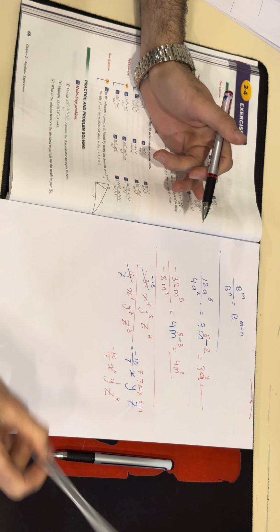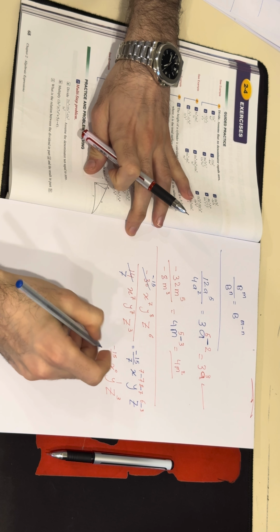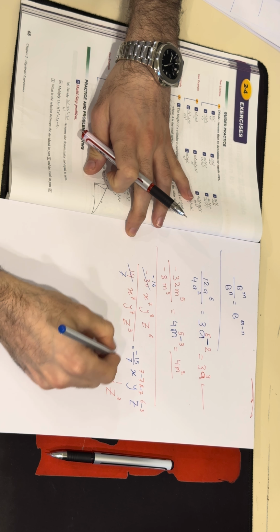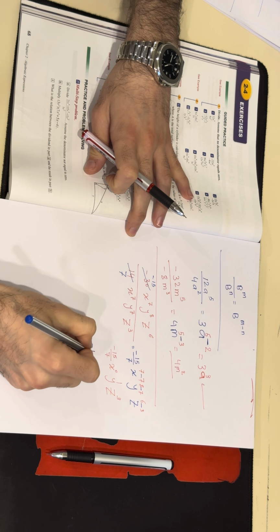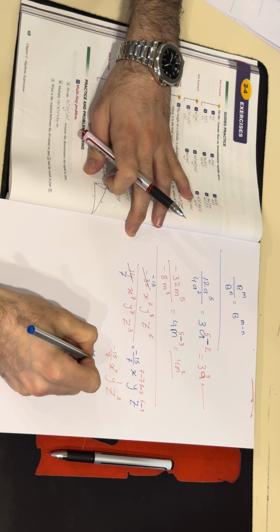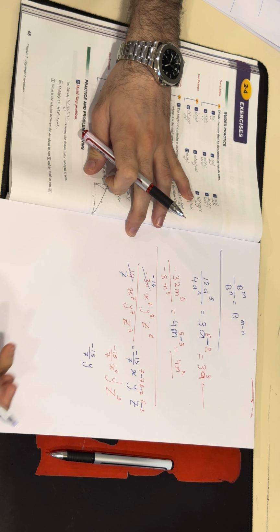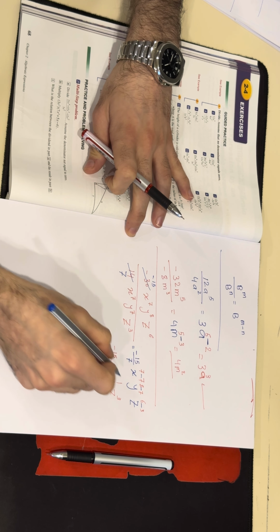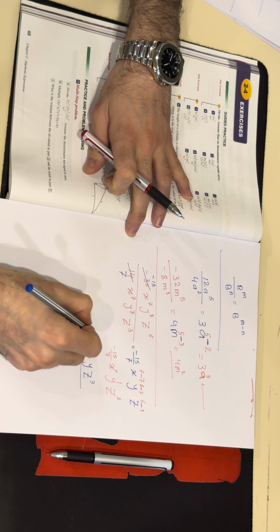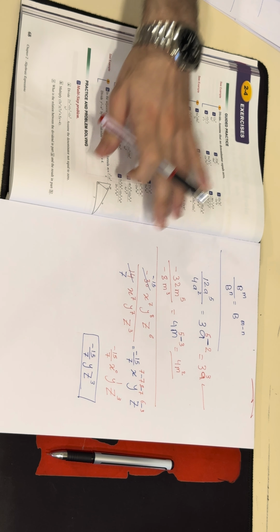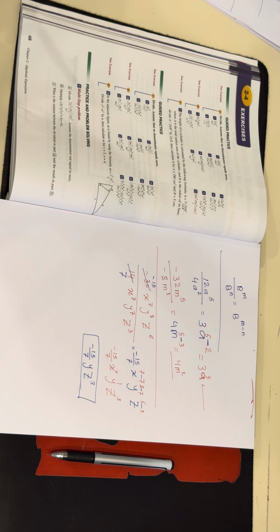We said when the power is 0, do we need to write it down? No, so just remove it. You can change this fraction if you want, or leave it like that. Do we need to write 1 as the power of y? No, because when there is no power, the power is 1. Then z power 3. So the last answer is negative 15 over 7 y z power 3.